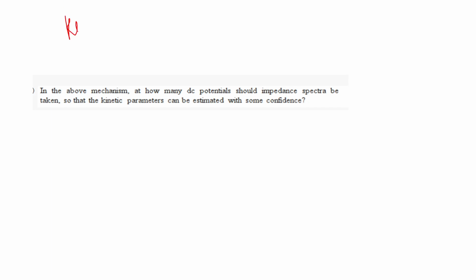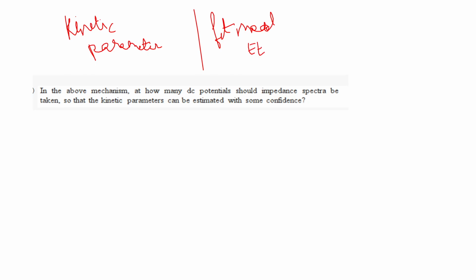Okay, one way is kinetic parameters. Another way is fitting the model, which means using an equivalent circuit model. Okay, so both ways are equally correct.